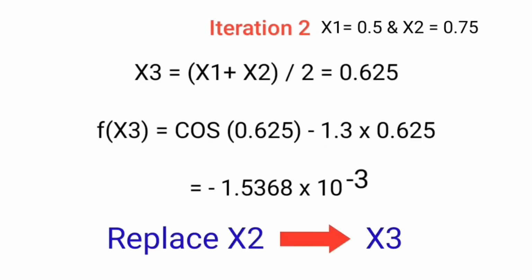Next step is to go for the second iteration, x1 equal to 0.5, x2 equal to the new root, that is 0.75. Find x3, that is x1 plus x2 divided by 2, the bisection formula. Then again find the function of x3, see the sign, and with the help of the sign replace x2 by x3.